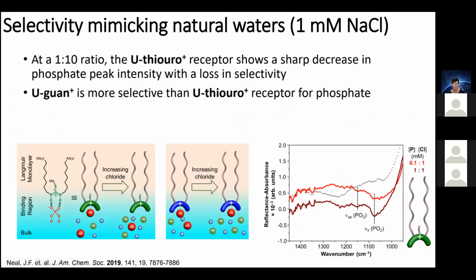We also did in this work competitive studies with the phosphate versus the chloride, to know at what point we actually get diminishing returns on the phosphate. There is some diminishing returns, but there is selectivity. There still is high selectivity.